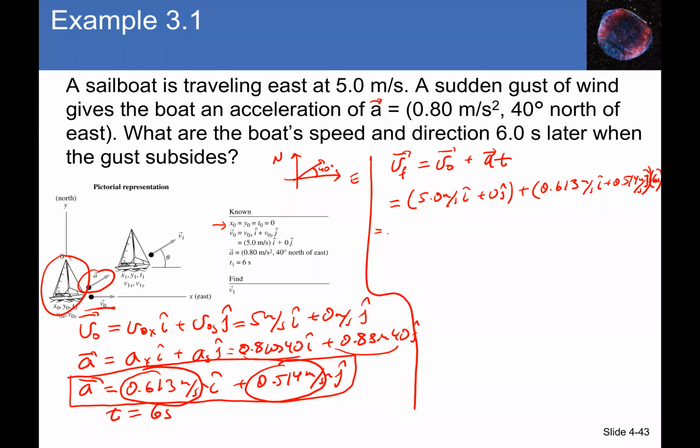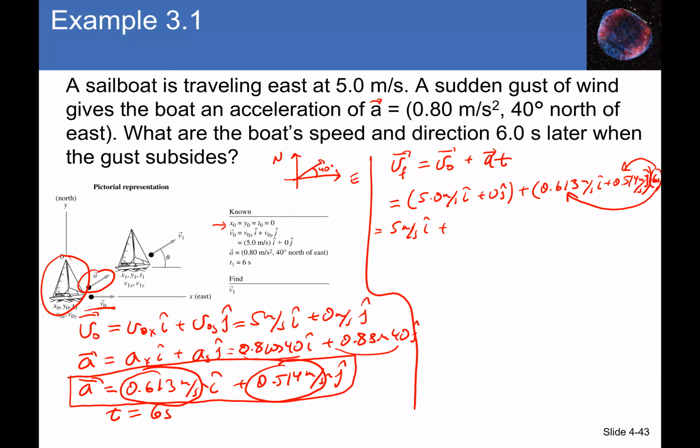Now what I get here is 5 meters per second i hat plus, then I do 6 seconds times 0.613, then 6 seconds times 0.514. So basically, distribute like that.